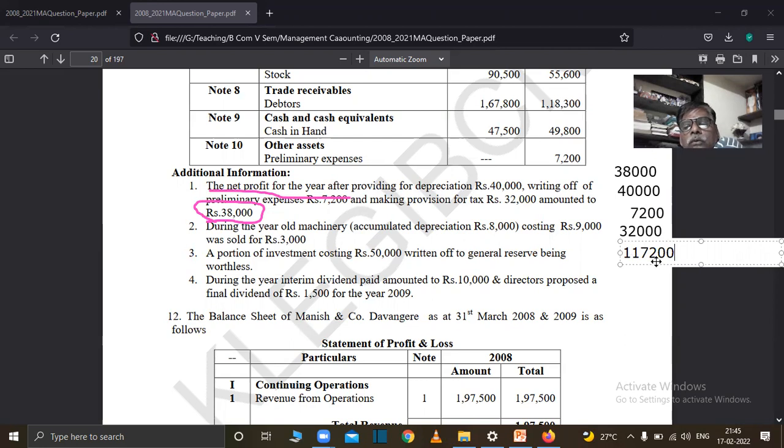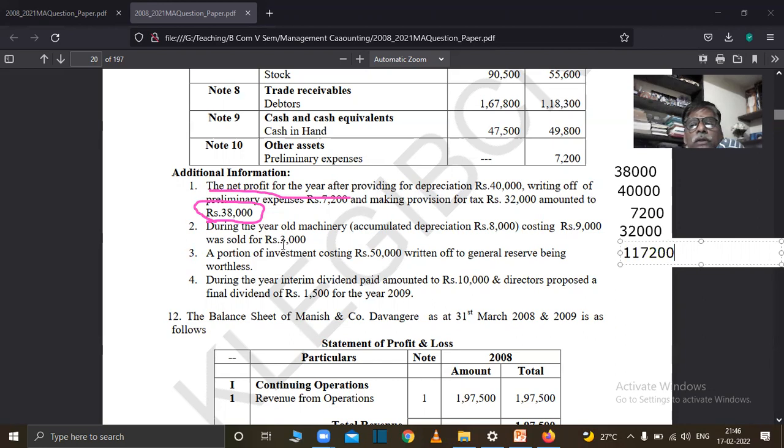Out of this profit, you deduct the second one, loss or profit on sale of asset. During the year, old machinery costing rupees 9,000 sold for rupees 3,000. You see here, 9,000 is the cost, 8,000 depreciation charged. Then remaining value is only 1,000. The 1,000 valued asset sold for 3,000.